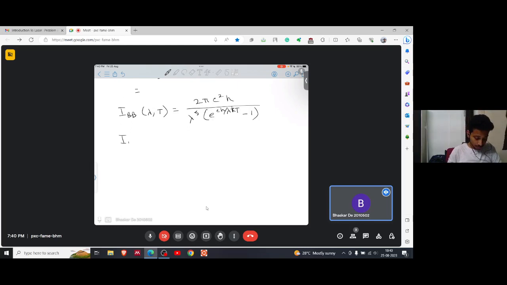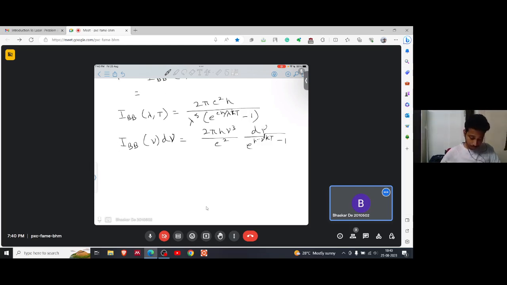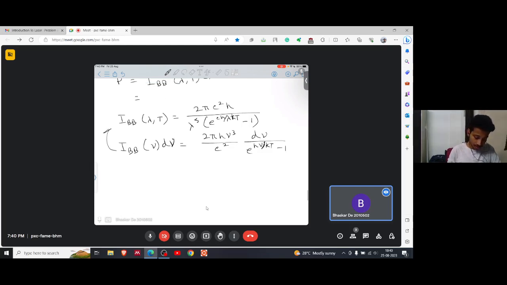This comes from the expression I BB nu d nu equal to 2 pi h nu cube by c square d nu by e to the power h nu by kT minus 1. So from here we can obtain this.